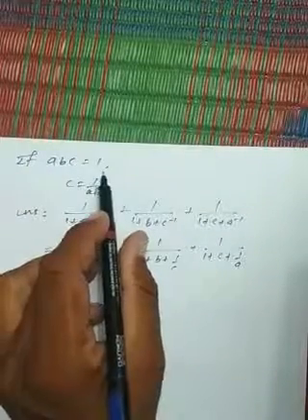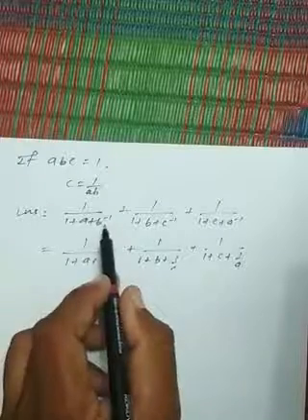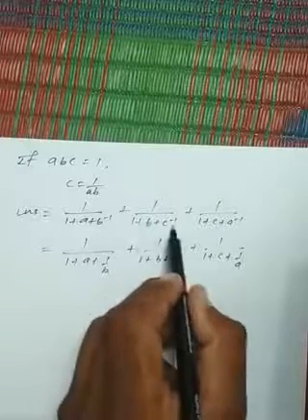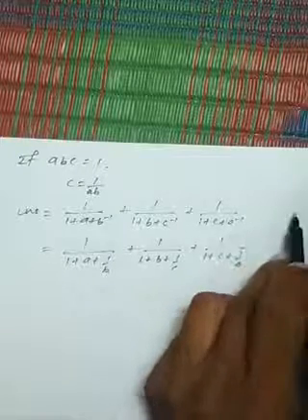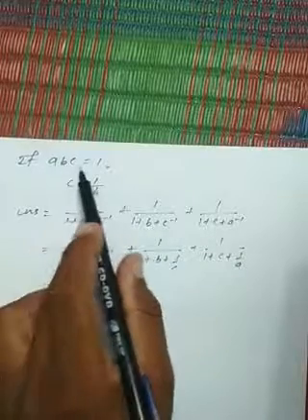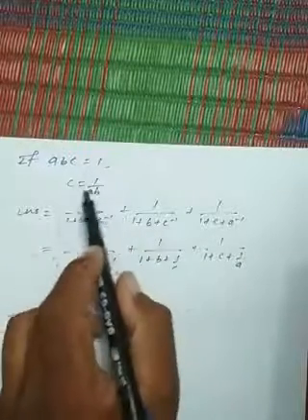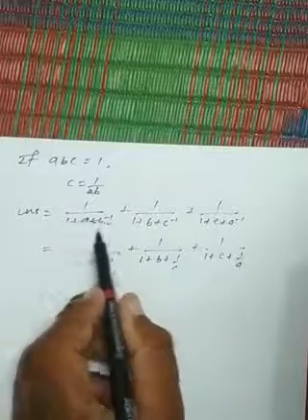Our next question is, if ABC equal to 1, show that 1 upon 1 plus A plus B inverse plus 1 upon 1 plus B plus C inverse plus 1 upon 1 plus C plus A inverse is equivalent to 1. So we should start from here. Here ABC equal to 1, so C equal to 1 upon AB, and we should start from LHS.